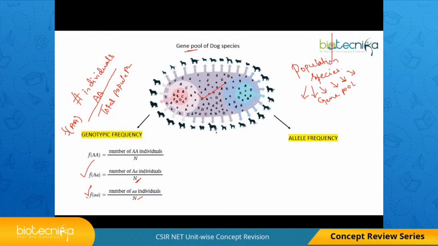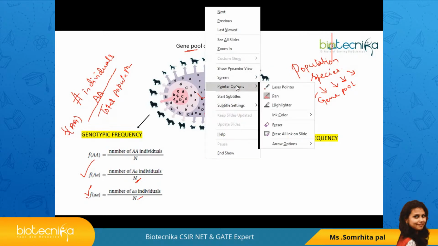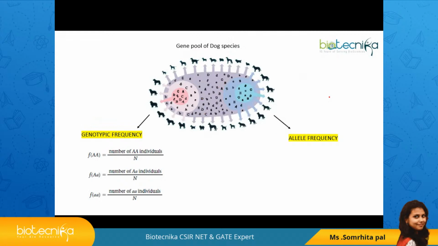Now, if you listen carefully, I have already mentioned this: population, species. Good. Now coming to allele frequency. Allele frequency is about how many alleles of a particular kind you have divided by the total. Like if I want to calculate the frequency of capital A, this is one allele.